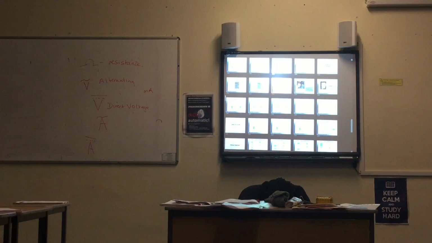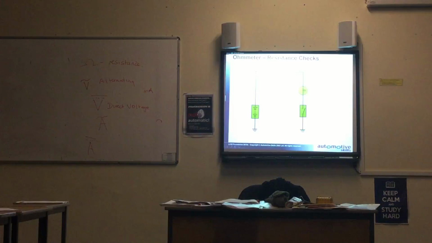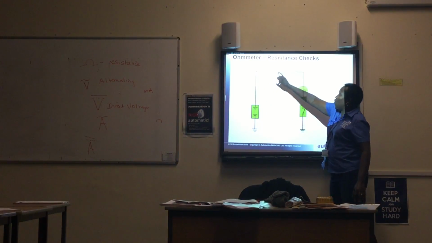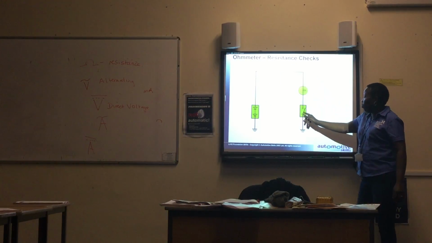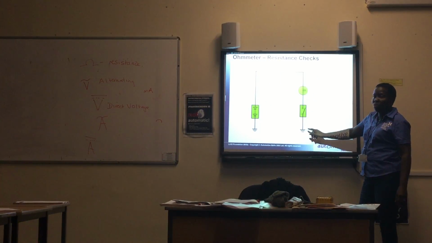Right. So now let's suppose we would like to measure, I'll start with resistance. This is a circuit from our battery through the fuse, through the bulb, we close the switch, then ground.